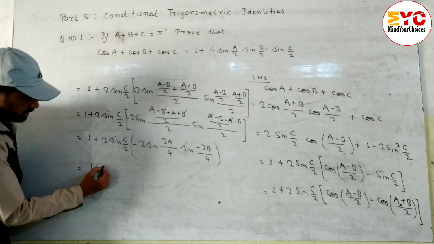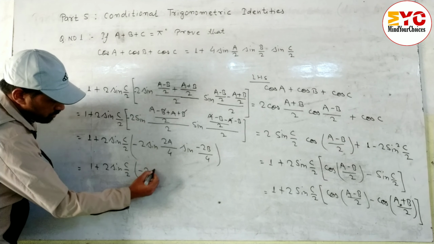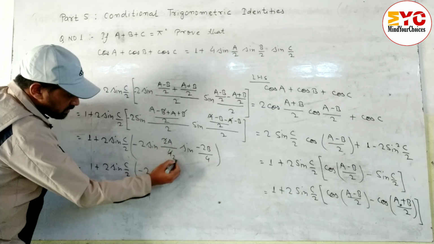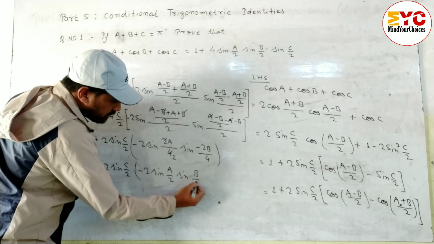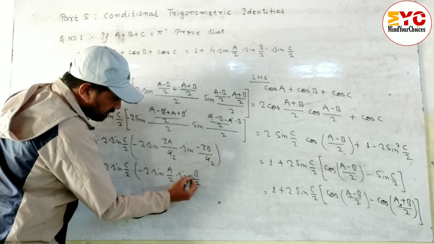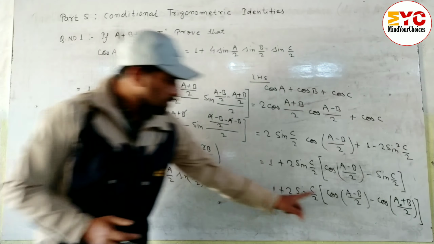1 plus 2 sine c by 2 minus 2 sine, 2 2s are 4, so a by 2 sine b by 2, 2 2s are 4 and minus b by 2. Here the cos c minus cos d formula is minus 2 sine c plus d by 2 sine c minus d by 2.